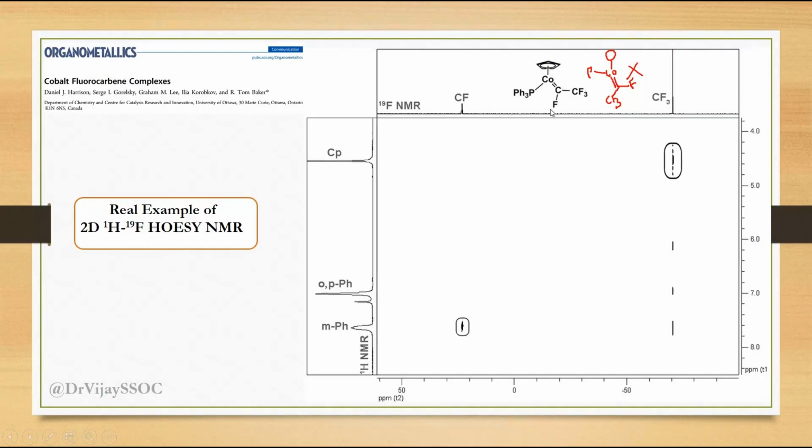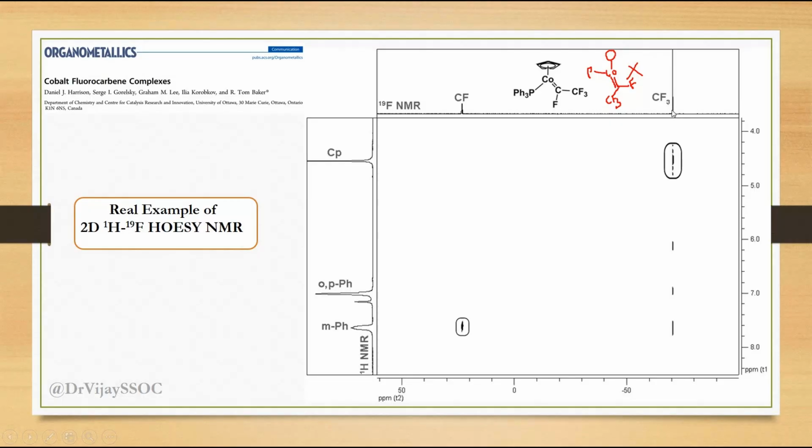They put fluorine NMR on the x-axis and 1H NMR on the y-axis, but usually it is reversed. Proton we keep on the x-axis and fluorine on the y-axis, but it doesn't matter. It was important to assign the configuration, or the geometry, around this double bonded carbon, so it was very important to perform this 2D 1H-19F HOESY NMR.